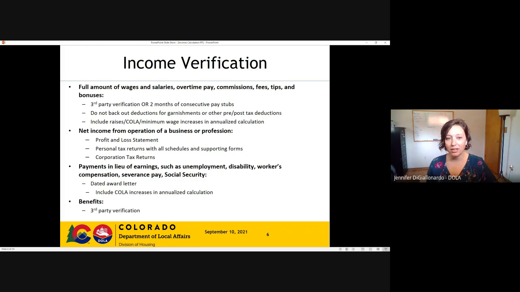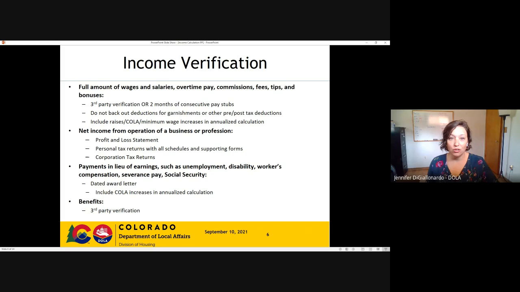That might look like a verification of employment. So the tenant signs a document that says it's okay to reach out to my employer, get my hourly wage, if I'm working overtime, any of that information, how many hours you're typically working, so that we can get a good idea of projecting that income forward.